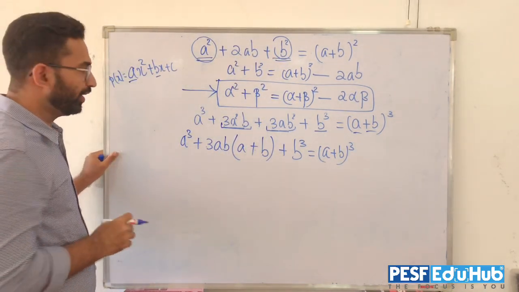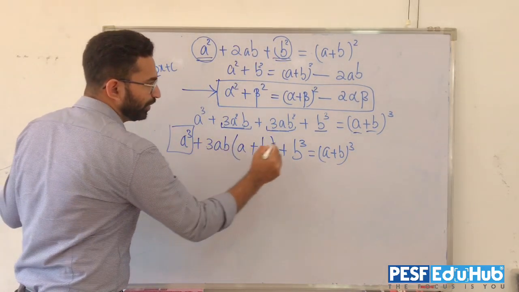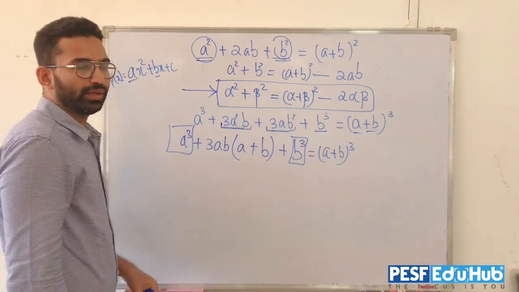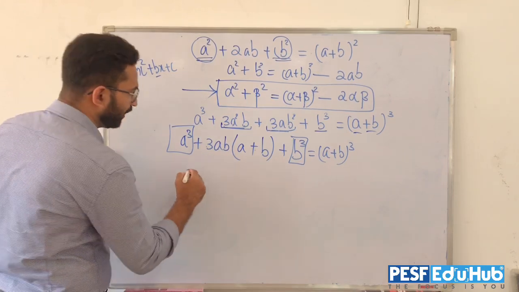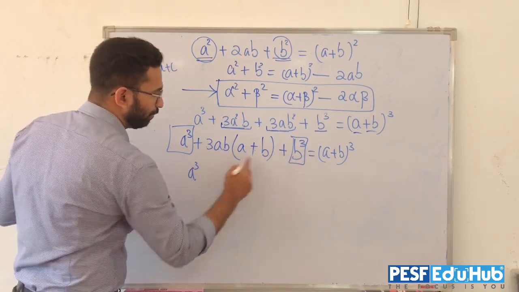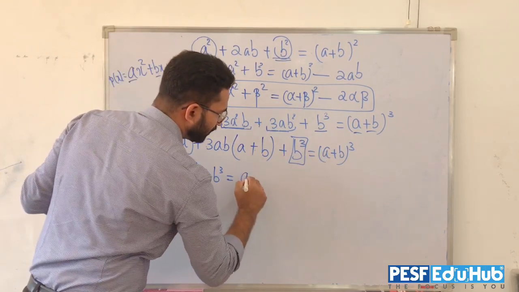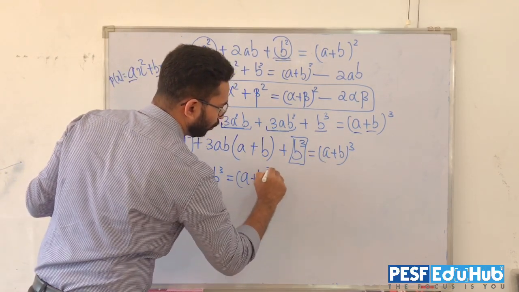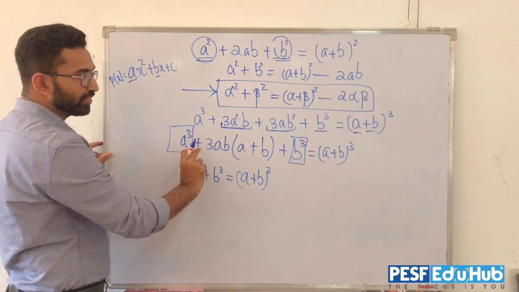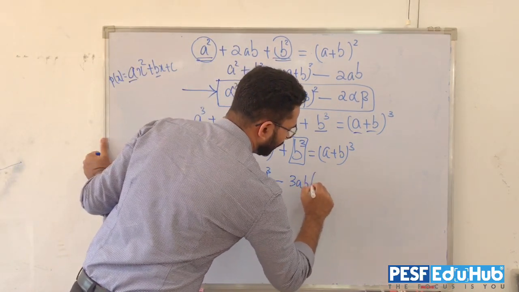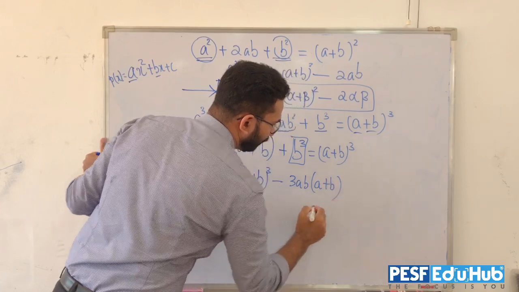Now I am asking you, my dear friends, keep this a cube here and b cube here and take all the other terms to the RHS of the equation. So what will you get? a cube plus b cube will be equal to, on the RHS I already have (a plus b) the whole cube. I am taking this plus 3ab to the other side, it becomes minus 3ab into (a plus b).